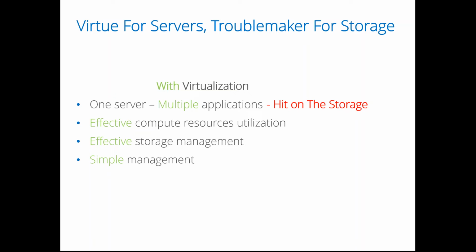The virtual machines on the top right produce some load. They want to write some data to our storage, and we have these blocks A1, B1, etc. These blocks are processed by the hypervisor and then sent to the storage.